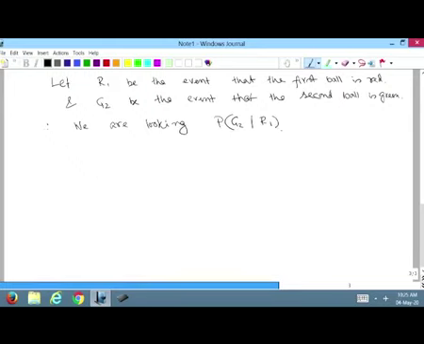Now, initial configuration is 12 red balls plus 8 green balls. Suppose the first one is red, then after taking out the first ball, the configuration of the bag is going to be 11 red plus 8 green.